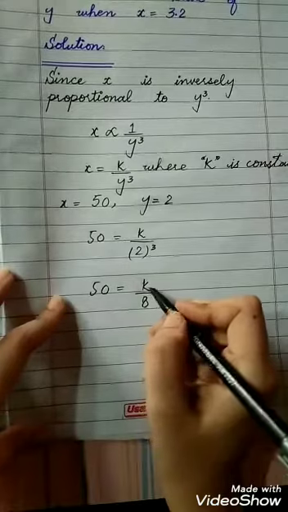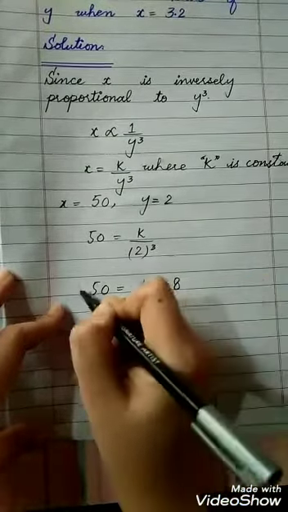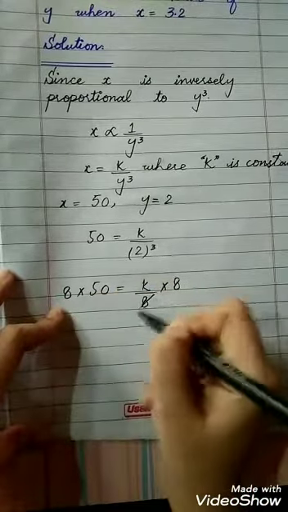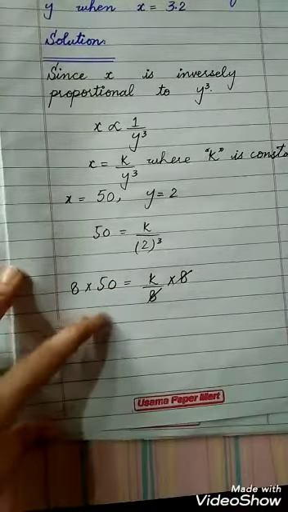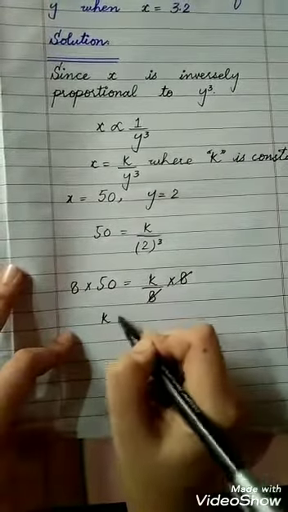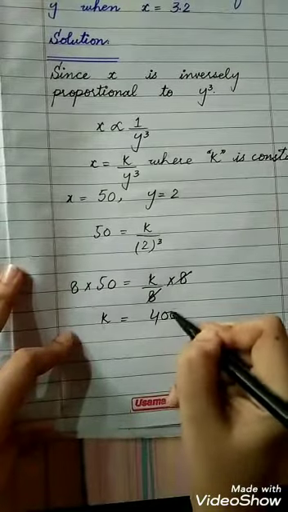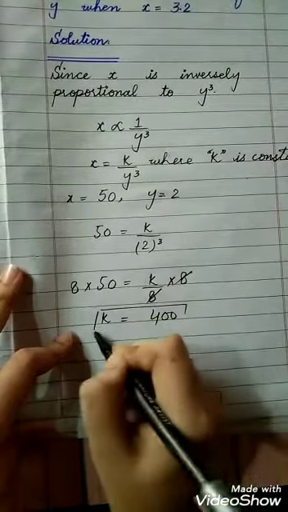We have to find the value of k, so 8 is extra. We will multiply by 8 on both sides. It will be 50 times 8, so k is equal to 400. That is the value of k now.